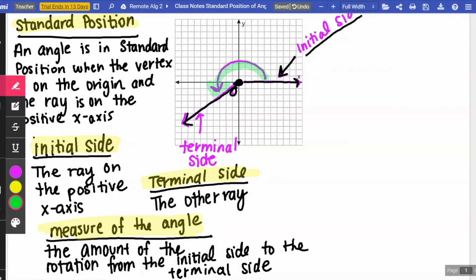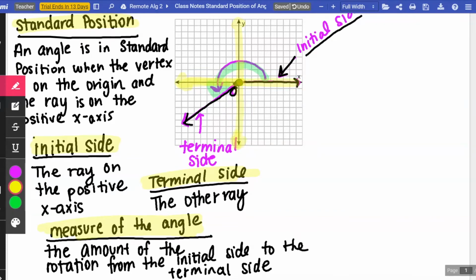terminal side. So it looks like we created an angle that is over 180 degrees, because if we had created an angle that would have been a straight line, that would be 180 degrees, right? If we had stopped on the positive y-axis up here, we would have created a 90-degree angle. If we would have stopped here, we would have created a 180-degree angle. And if we had stopped on the negative y-axis, we would create a 270-degree angle.